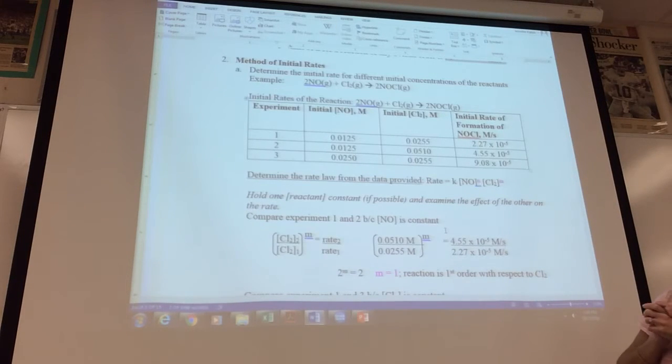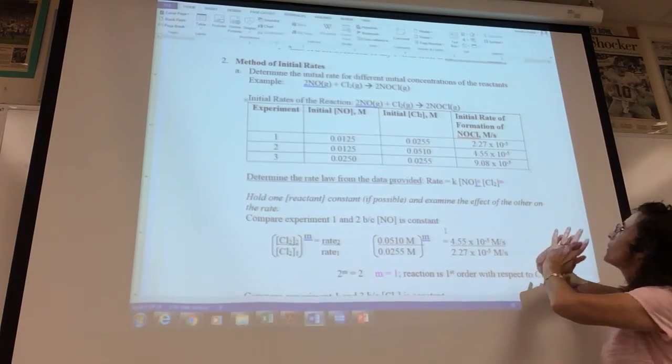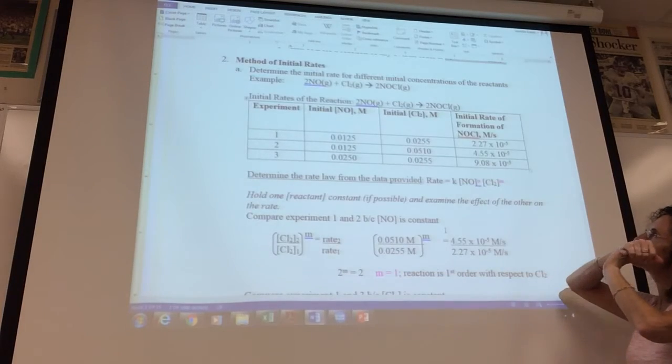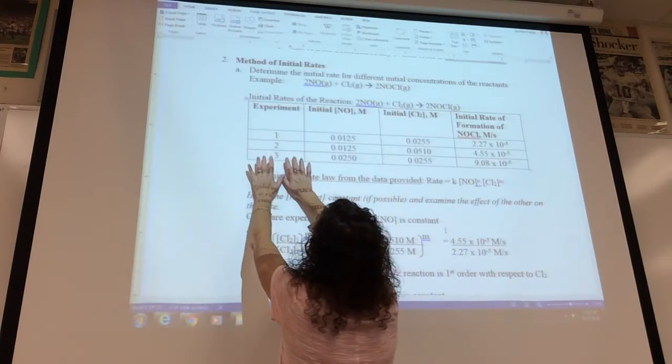We've got a synthesis reaction. We've got initial concentrations of both reactants, and we've got the initial rate of formation of the product. We've run 3 experiments.